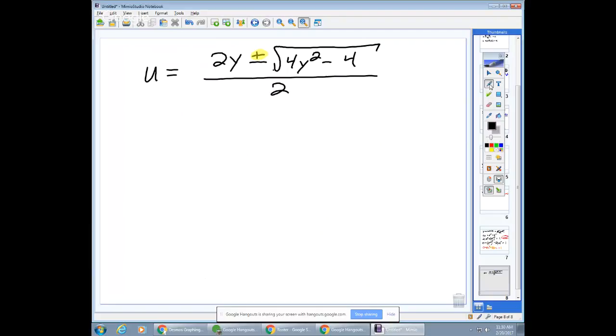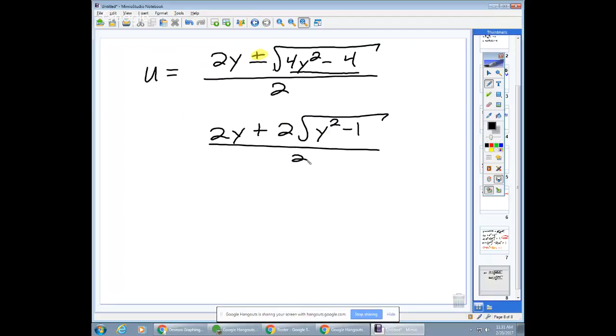All right, let's clean this up a little bit. This right there factors, the 4 pops out. The square root of 4 is 2. So we have 2y plus twice the square root of y squared minus 1, all over 2, and those 2's divide out, don't they?